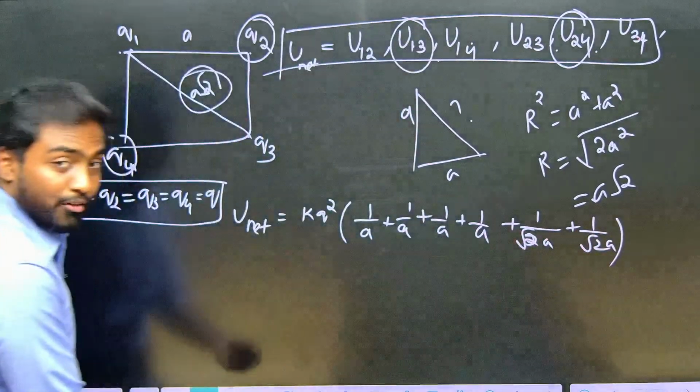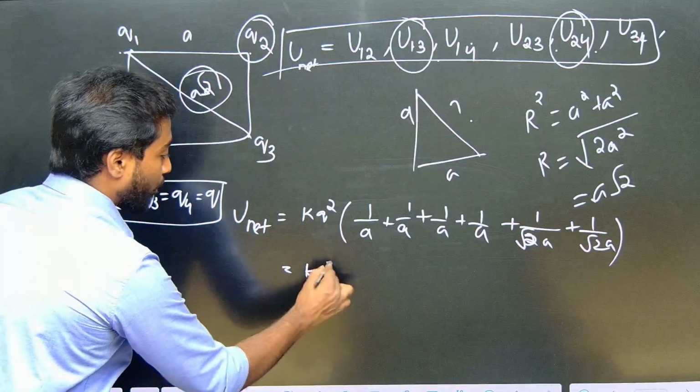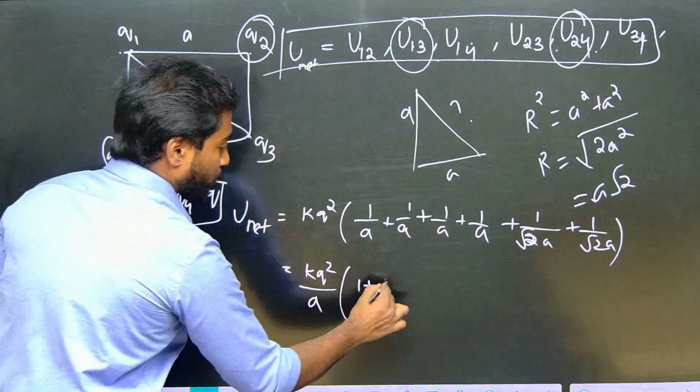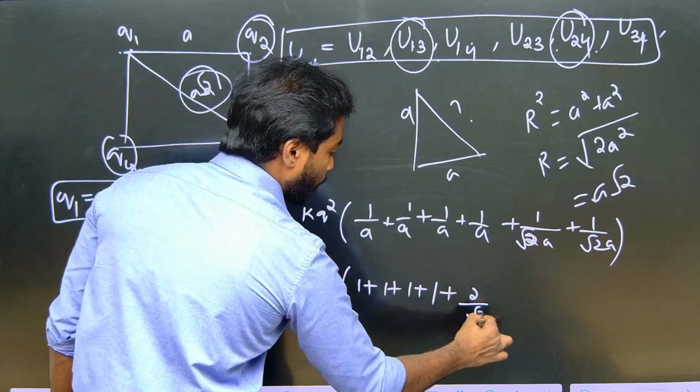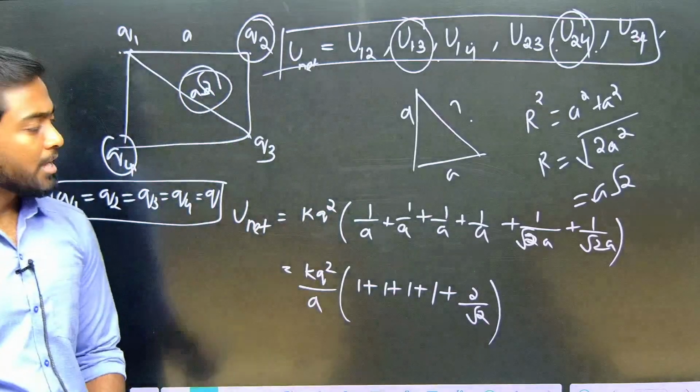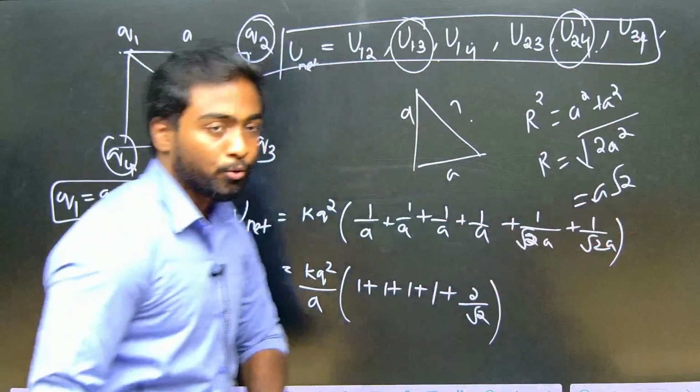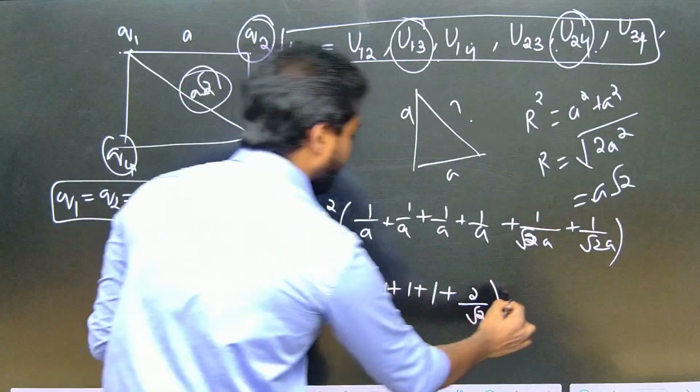So I can take A also commonly outside, which is nothing but KQ square by A, 1 plus 1 plus 1 plus 1 plus, and this is 2 by root 2, right? 1 by root 2 plus 1 by root 2 is 2 by root 2. So what can I analyze here?